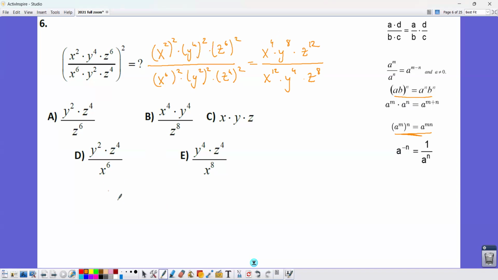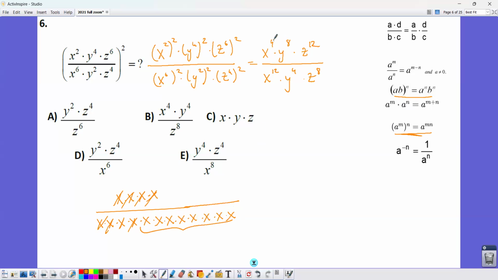When I have x to the power of 4, it means x times x times x times x, over x to the power of 12, it's 12 times x we are multiplying. 1, 2, 3, 4, 5, 6, 7, 8, 9, 10, 11, and 12. So in this case, as you see, 4 of them I can cancel, but not to write like this always separately. How many are left? 1, 2, 3, 4, 5, 6, 7, 8.